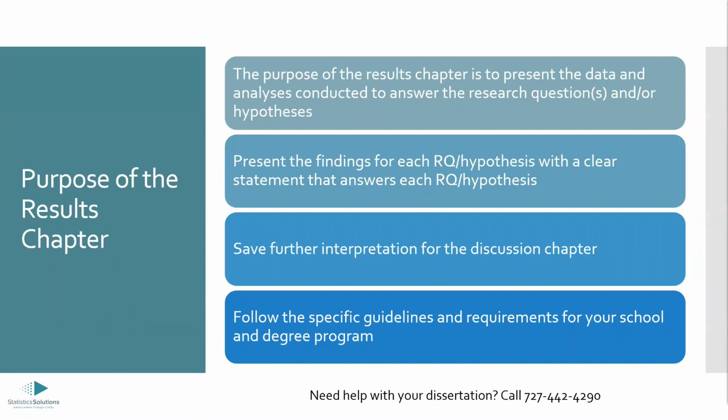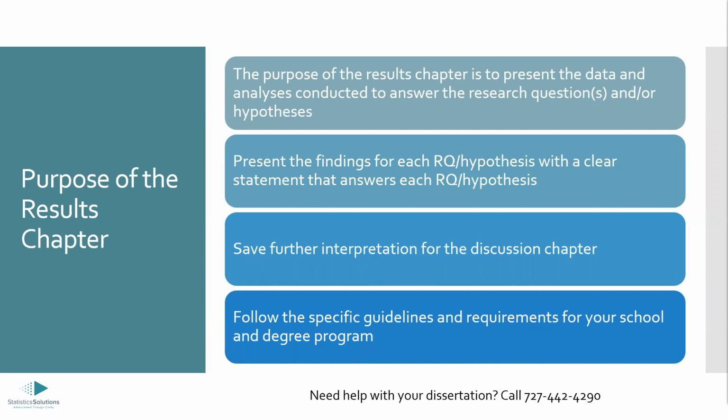And it's important to note that although we will be talking about the components that are most typical for the quantitative results chapter based on our experience with many different schools, you do want to defer to your specific school's guidelines and requirements for what needs to go into the results chapter, because this may be slightly different for each school.